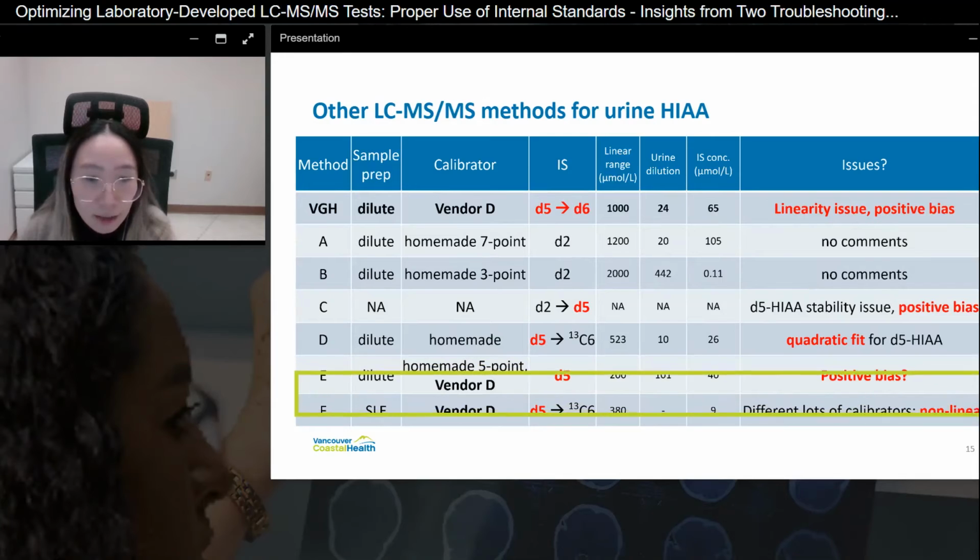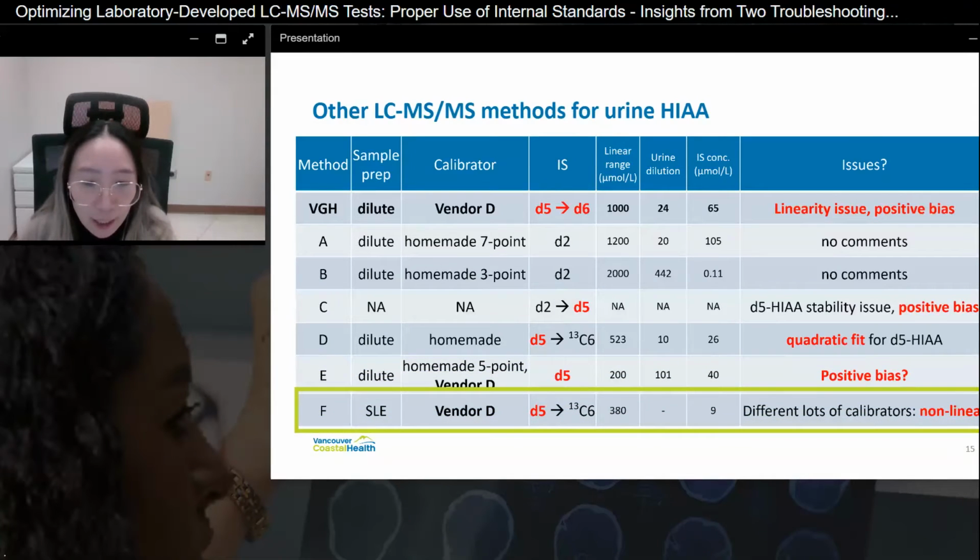And last, in method F, they attributed the nonlinear behavior of different lots of calibrators to lot-specific problems. From all these methods, their explanations of nonlinear behavior are all different, but one thing is they confirm our issue was not unique, and the chemistry of the internal standard could indeed be a factor here.